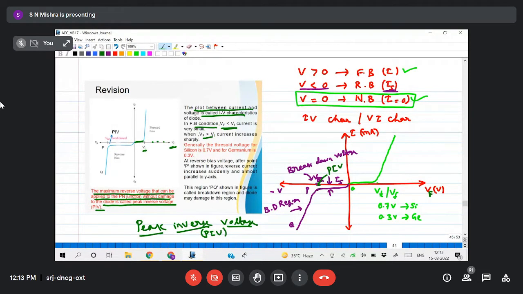When it increases beyond VT, that means it overcomes the depletion region, then current increases exponentially. Generally it is 0.3 volt for germanium and 0.7 volt for silicon. In reverse bias, after the point P shown in the figure, reverse current increases suddenly, almost parallel to the y-axis, and the current may damage the diode. That is called breakdown voltage. Clear about this characteristic?